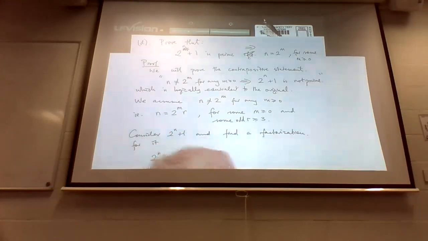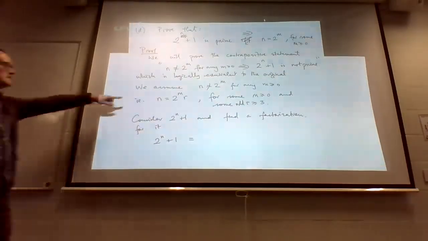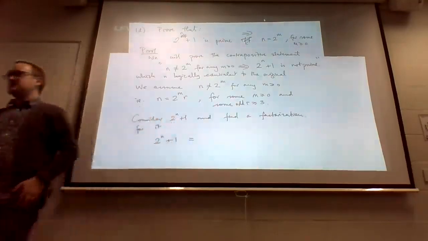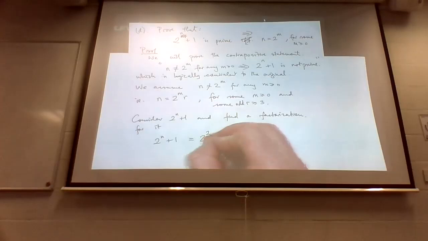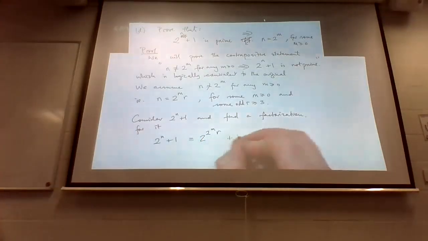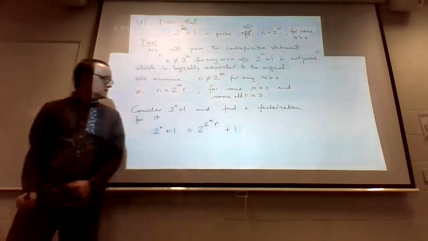Well, having gone to the trouble of setting up your n like this, the thing to do is to substitute. So you've got 2 to the (2 to the m times r) plus 1. And then you can work on this.